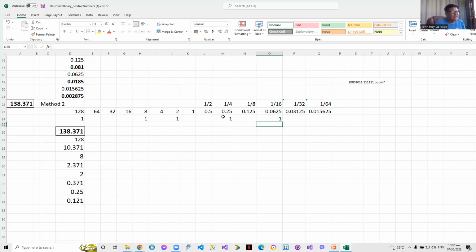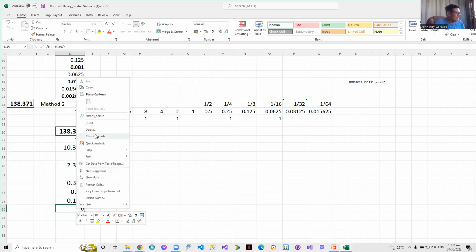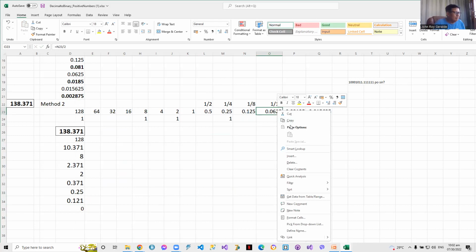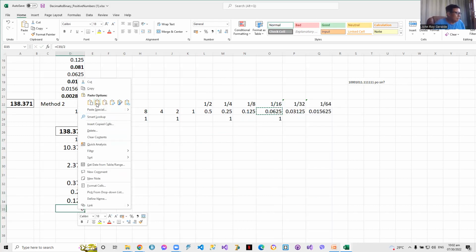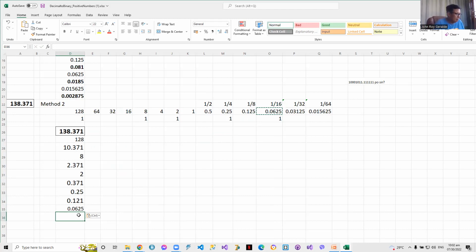Mukhang mali na yata yung kay Miss Wong. Okay. We copy this. Mali, we paste pala. Paste values. Okay.